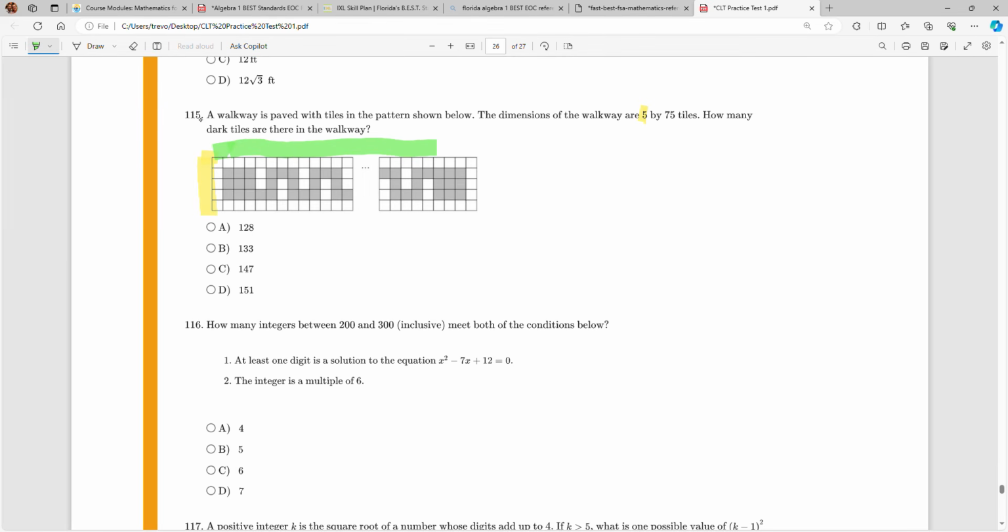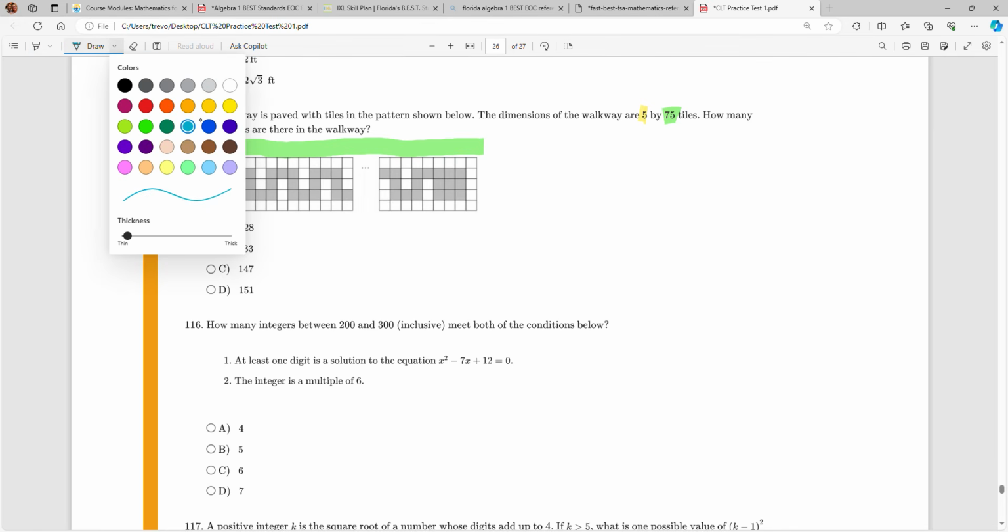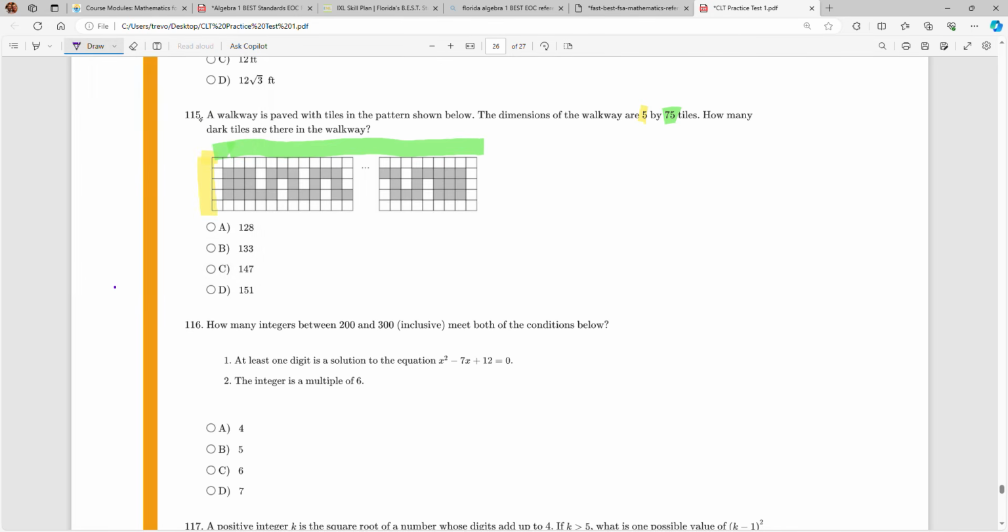So 75 goes all the way across, but they're not all here because they skipped some of the pattern. So we've got to break this up. And I can see the front here and the back here is not a repeating part of the pattern.